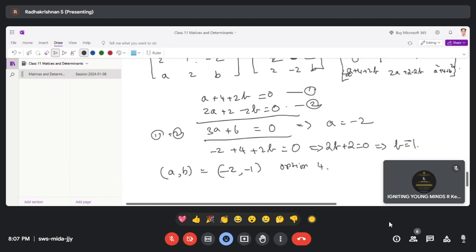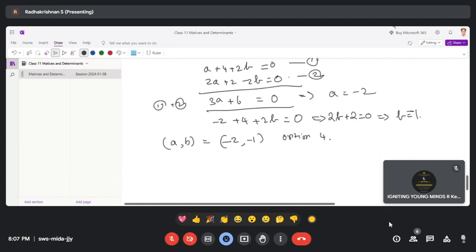Okay. Now the next problem I think doesn't involve much calculation. So see the problem. If A is a square matrix, then which of the following is not symmetric? A is a square matrix.